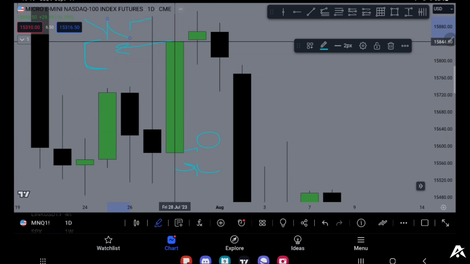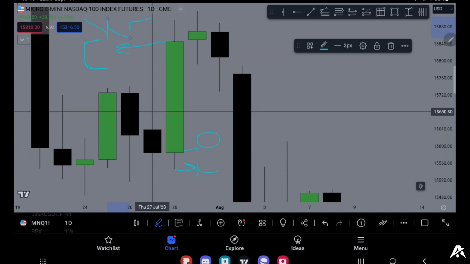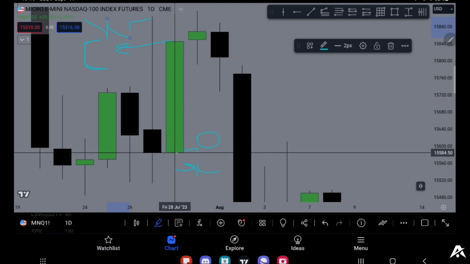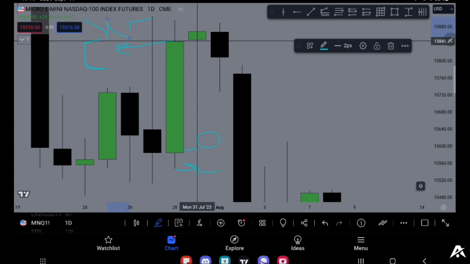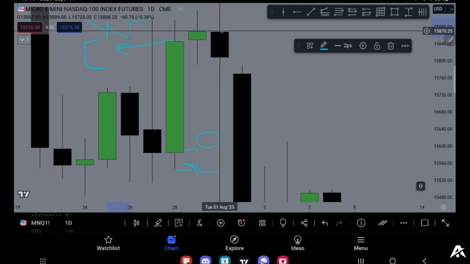The low and high will always be the same, but the open and close is what determines the candle. If a candle opens at a particular value and it closes above it, that's your green candle. Consequently, if you bring this one, what happens here?